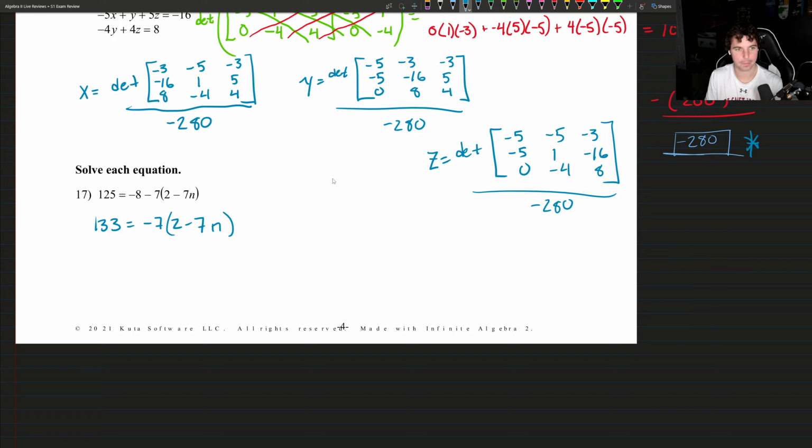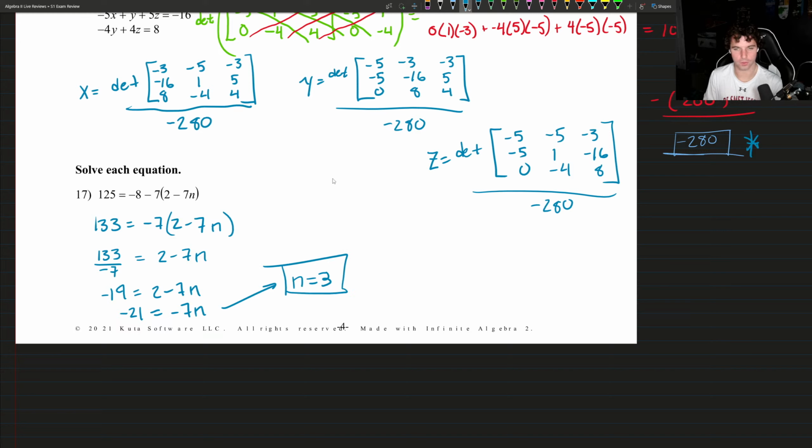We divide by -7. Okay, this ends up being 19, -19. Subtract 2, so -21 is equal to -7n. So n is equal to 3. Okay, shouldn't be very difficult. Just want you to be able to do it.